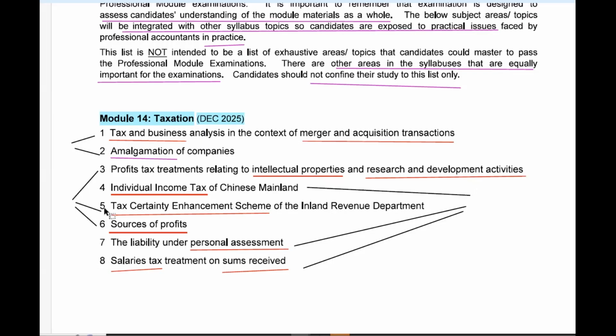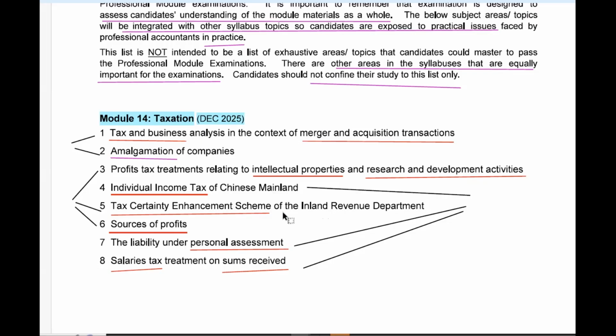Then why are they related to 5? Because this is also under profits tax. Tax certainty is separate from advance ruling. Traditionally, we use badges of trade to determine whether this is capital assets or revenue assets. But there is a new certainty enhancement scheme.